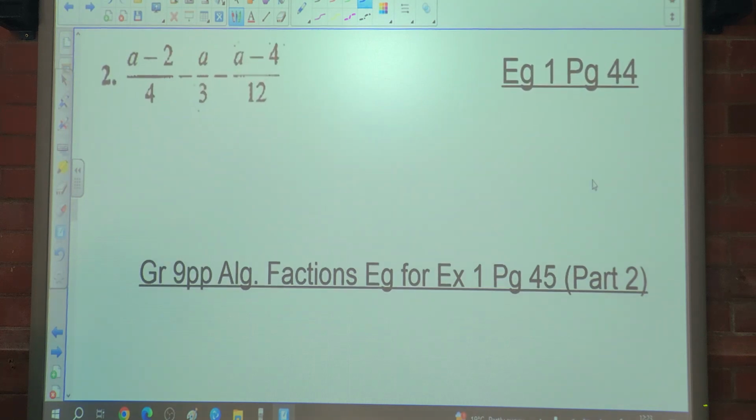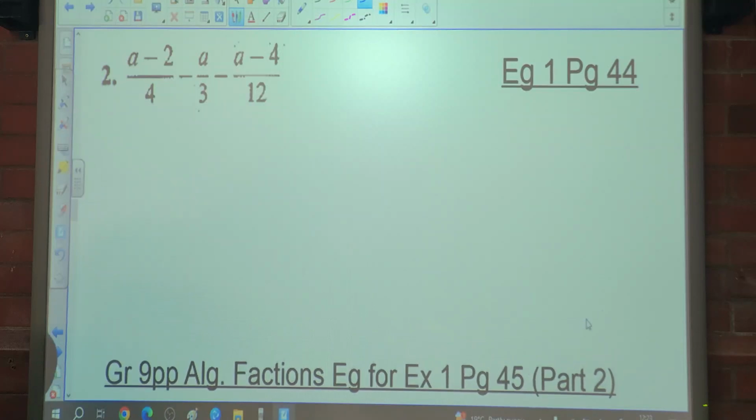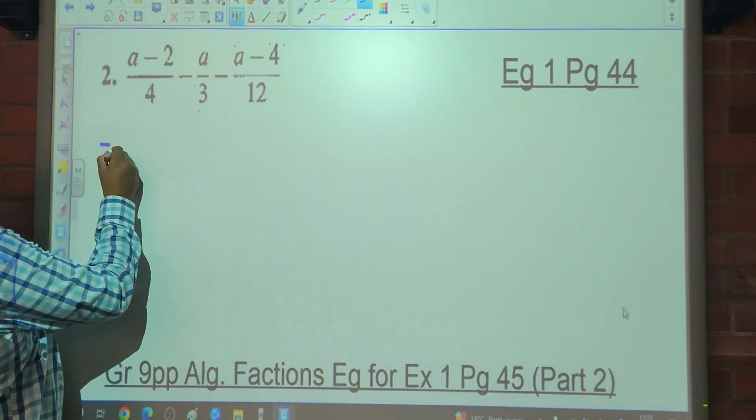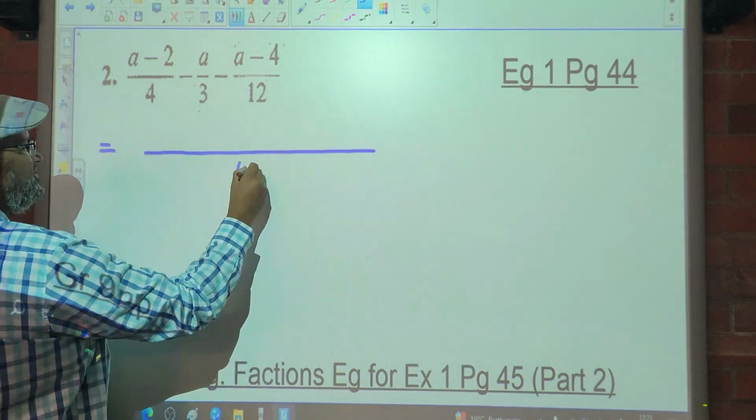So let's write the sum down quickly. You've got (a minus 2) over 4 minus (a over 3) minus (a minus 4) over 12. Okay, so what's your LCM here? 12.